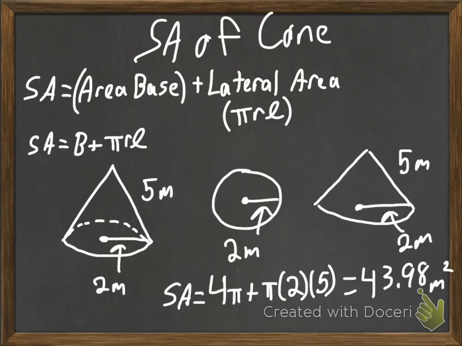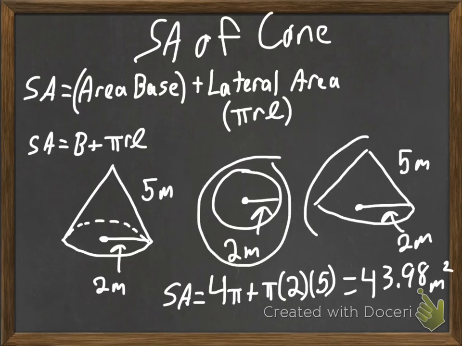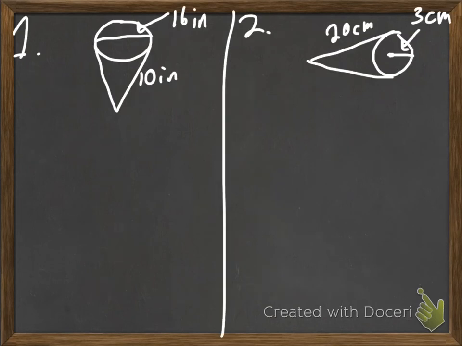And I would like for you to do this whenever you're working with a cone. Kind of split it up if it helps you, if you can't see it right away. So here are two examples for surface area of cones. I want you to pause the video, work through these with your group, and then watch the video to see if you got them right.